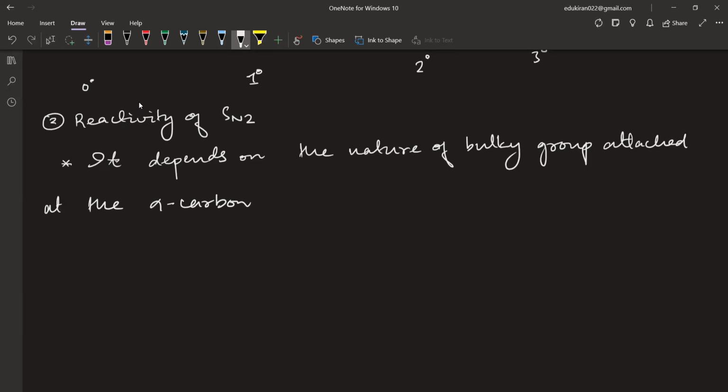Okay, so what is the alpha carbon? Alpha carbon is the carbon attached to the carbon of the C-X bond. Okay, so this carbon is known as the alpha carbon.